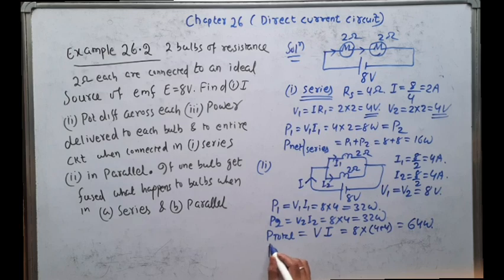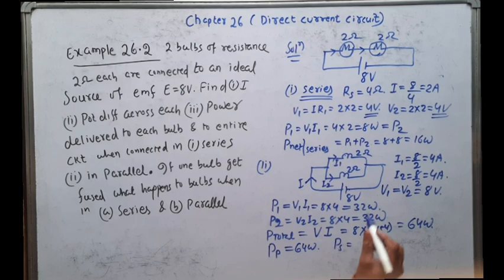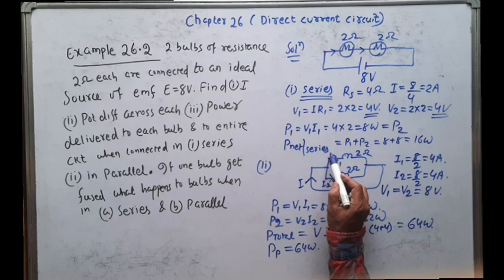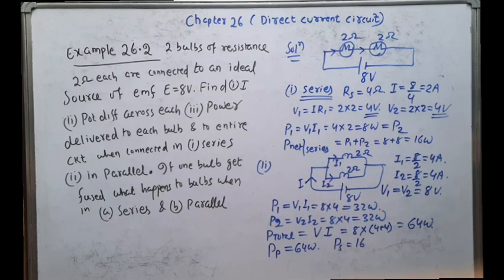Here you see, the power delivered in the parallel connection is equal to 64 watt, and the net power delivered in the series circuit is equal to 16 watt. So what is the ratio? The ratio of the power delivered in parallel to the power delivered in series is 64 by 16, that is equal to 4, which is nothing but 2 square.